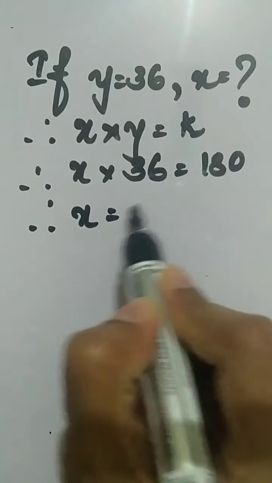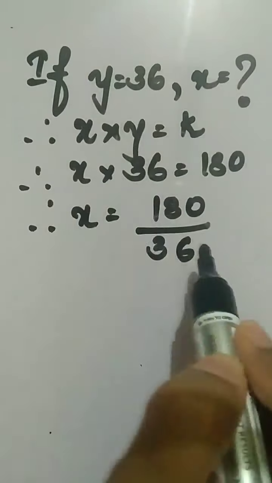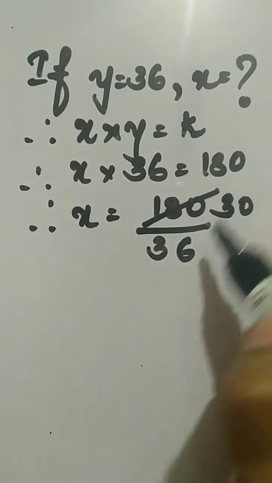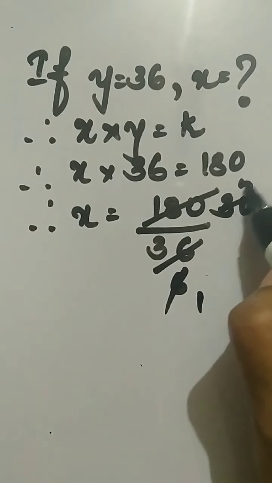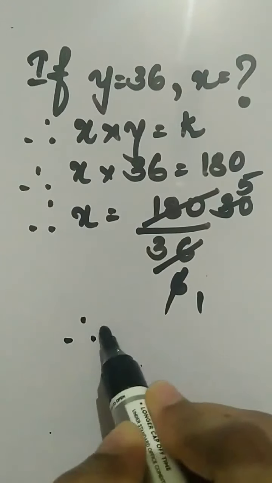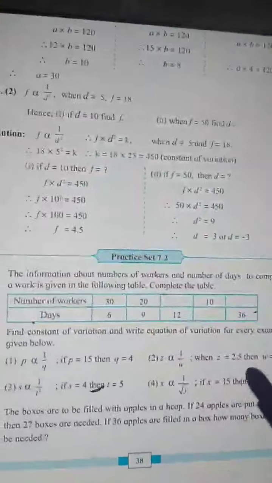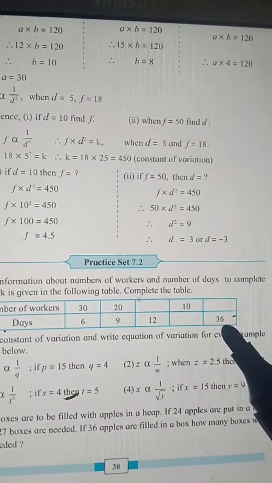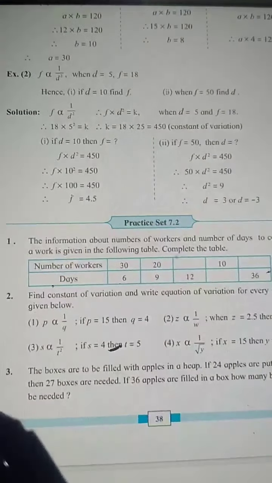Therefore, x is equal to 180 upon 36. 6 table, both these numbers go. 6 3s are 18 and 0. 6 6s are 36. Again 6 1s are 6, 6 5s are 30. So you got x is equal to 5. That means if there are 5 workers only, then it will take 36 days to complete the work. Understood?